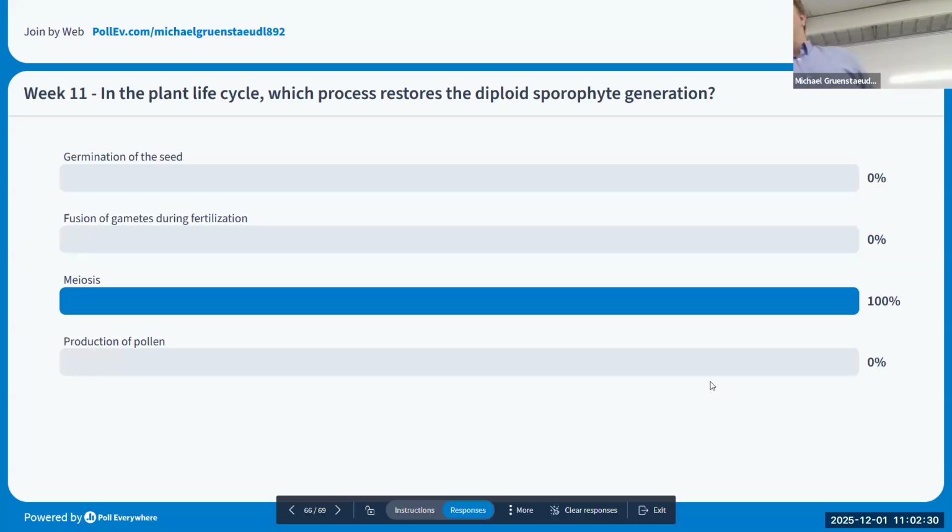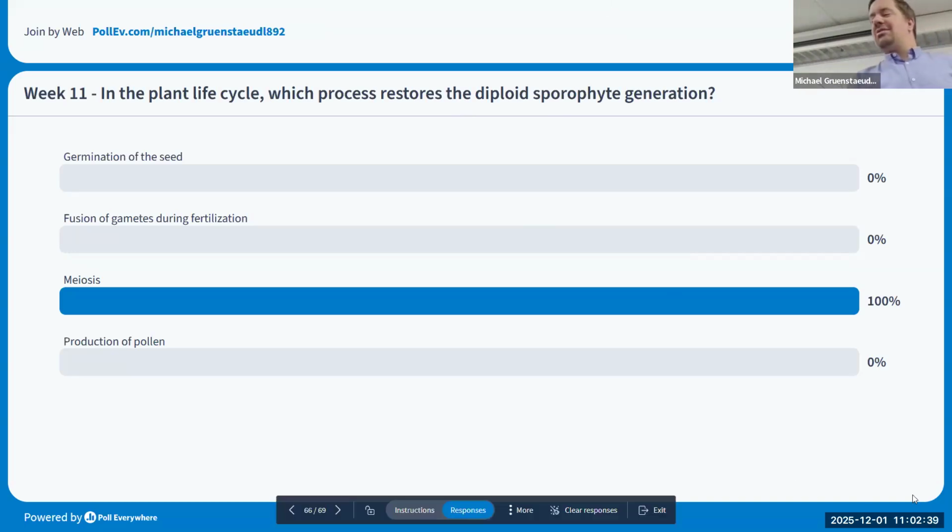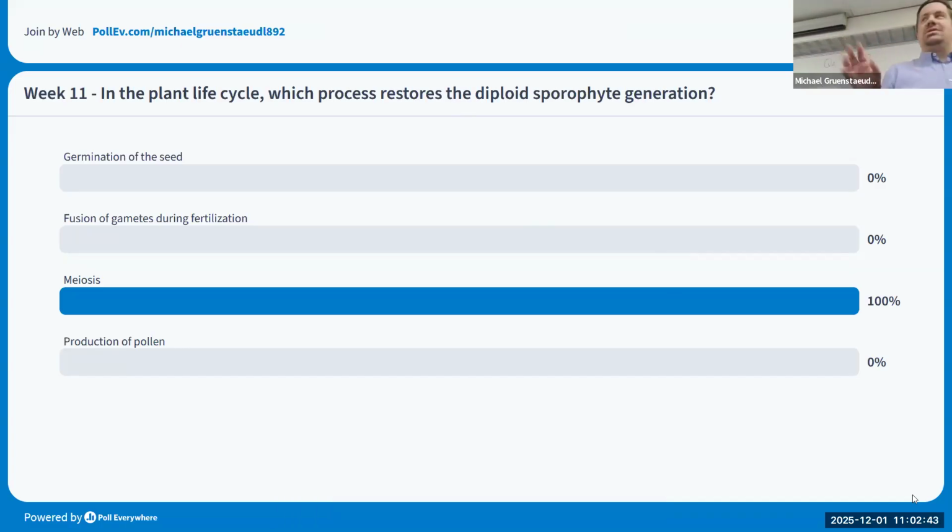Are you sure? Is it meiosis that restores the diploid stage? Meiosis produces gametes, produces haploid tissue.